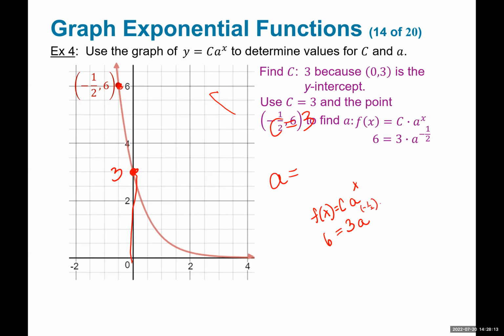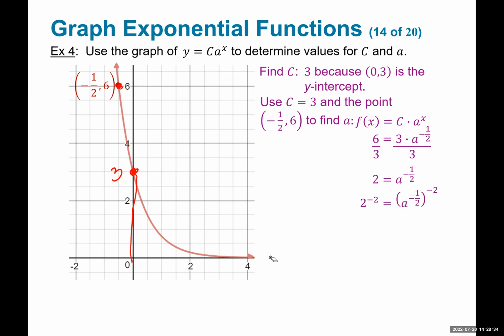So you put this all in the calculator and solve for A. Okay, so that's what this says. How can we find A? Well, we have 2 points. Anytime you have 2 points, you can find the missing variable. So we're dividing by 3 and we get A to the -1/2 is 2. So what raised to the -1/2 is 2?